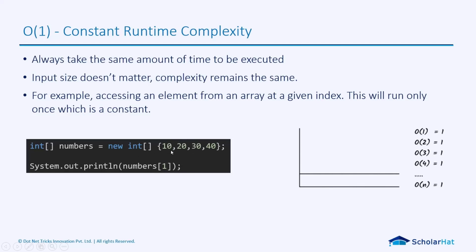It takes the same amount of time to execute, whether I write index 1, 0, 2, 3, whatever index number. You can see the graph is a flat line: as the input increases, the output remains at the same position, parallel to the x-axis, right? We're going to see this again in the whiteboard.